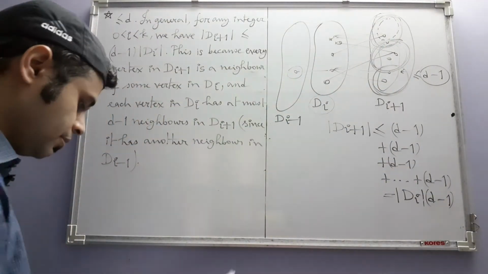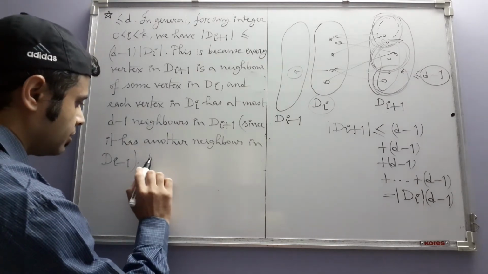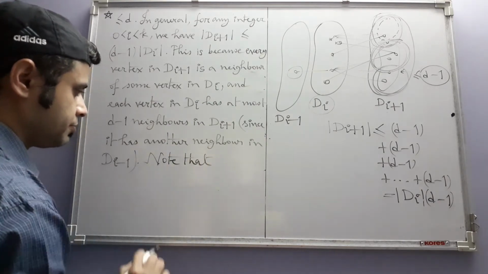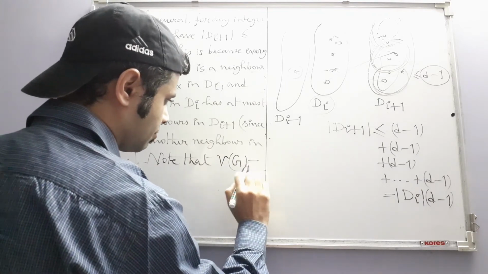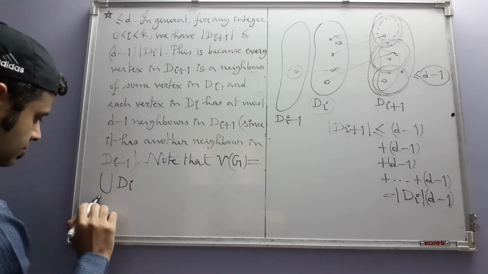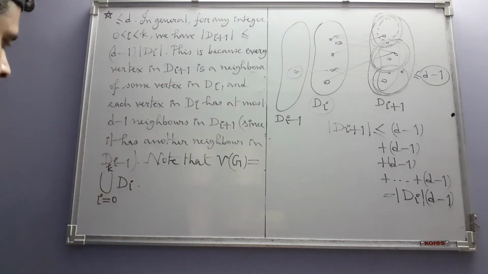Now we can proceed with the rest of the proof. Note that the vertex set of G is the union of these di's as i varies from 0 to k. Oh, we didn't say anything about k.